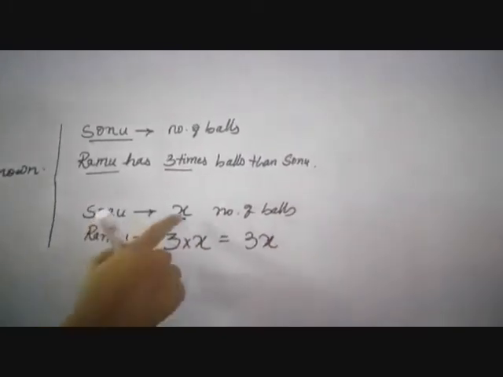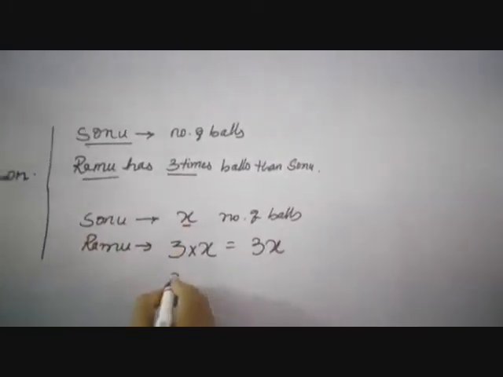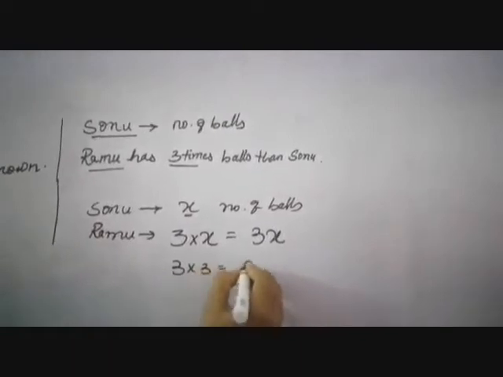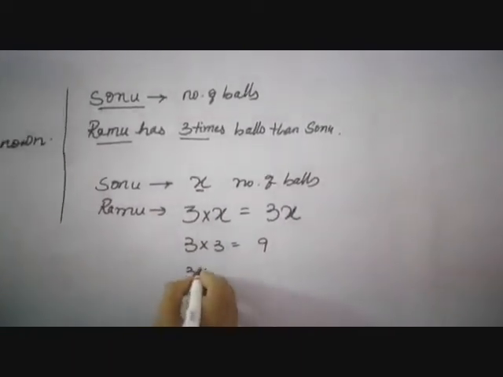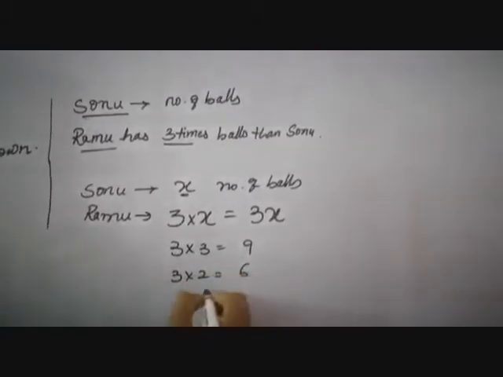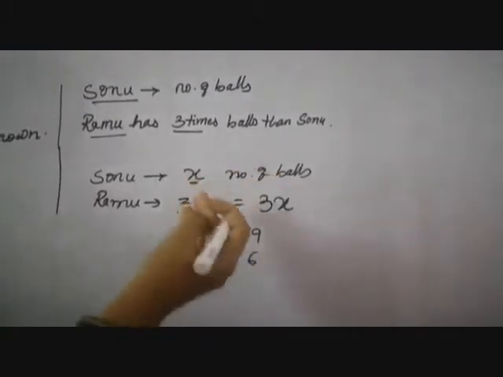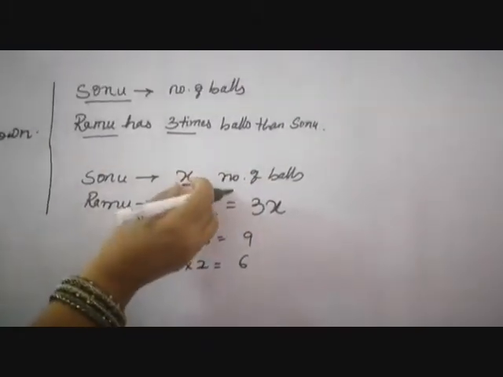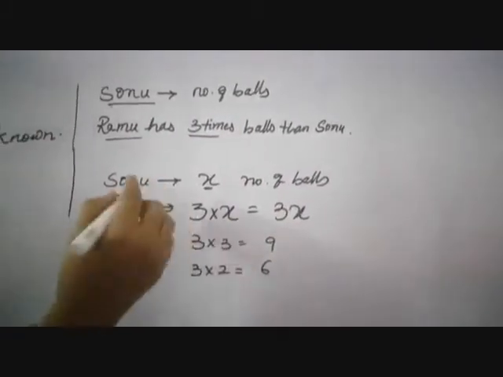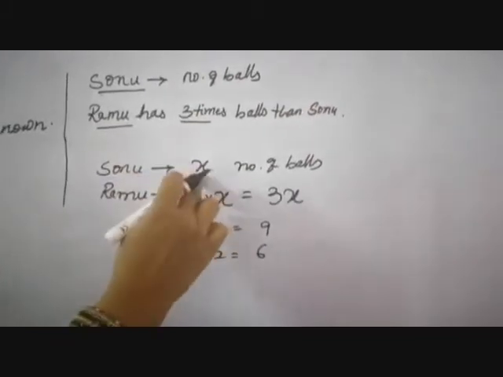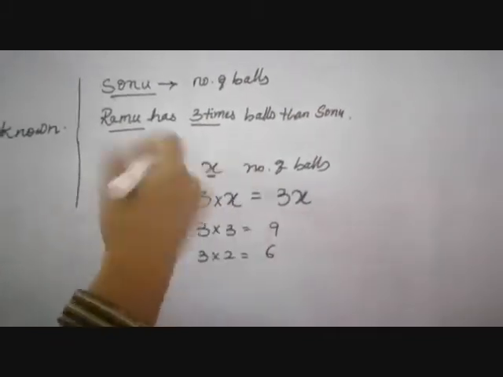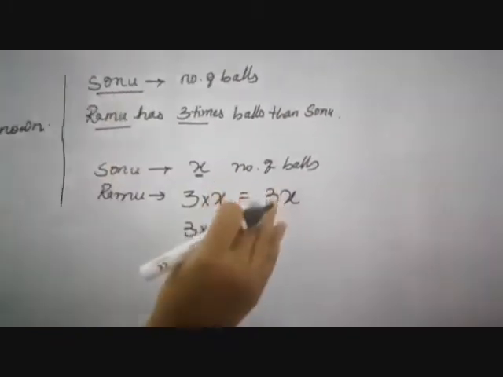If Sonu has 3 balls, then Ramu has 3 into 3, that is 9 balls. If Sonu has 2 balls, then Ramu has 3 into 2, 3 2s are 6 balls. So we are taking an unknown number and we are taking out the answer. Sonu doesn't have any balls, but we have imagined some variable. Variables are nothing but A to Z. Any alphabet you can take.